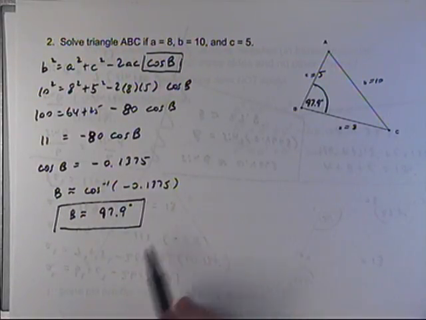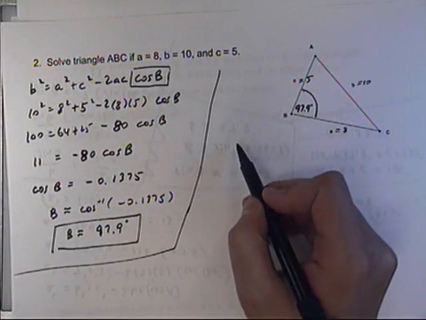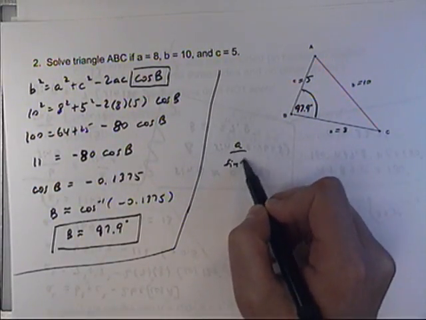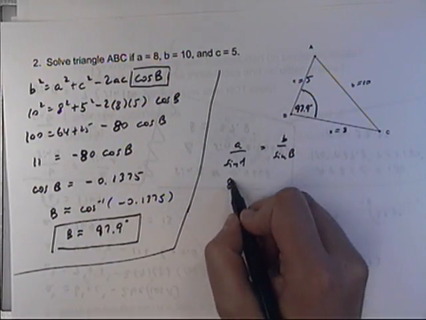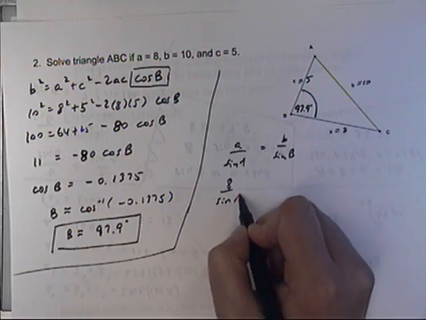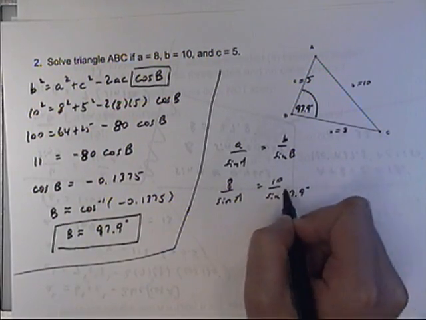Now the rest of this, again, can be solved simply by using the law of sines. So for example, I could take a over sine of a equals b over sine of b, which would give me 8 over the sine of a equals 10 over the sine of 97.9 degrees.